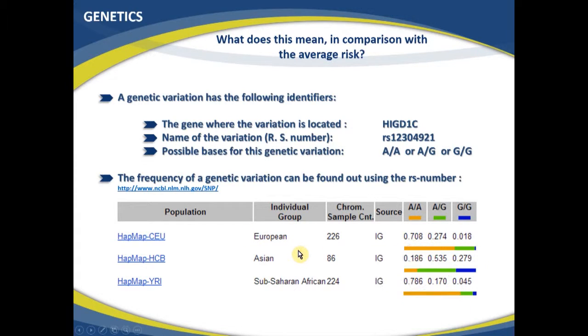And in Asia it's fewer people with AA, some with AG, and more with GG. So there is a difference between different populations. In most cases it is how common this genetic risk is. The genetic variation still usually causes the same disease risk. It's just less likely that a person might have it.